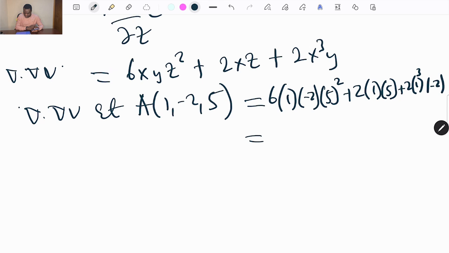So let's do this. Now, the first one, we are just having 6 times 1, 6. 6 times -2, that would be -12. So -12 times 5 squared will give us -300. Then we have the next one, 2 times 1, which is 2, times 5, that will be 10.